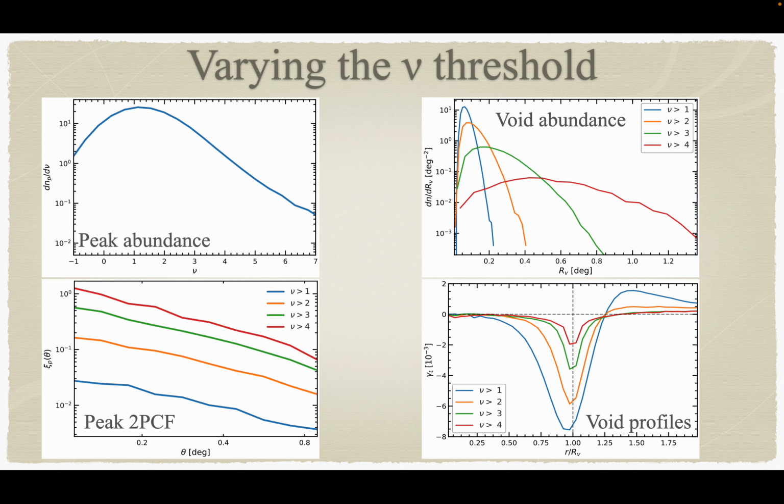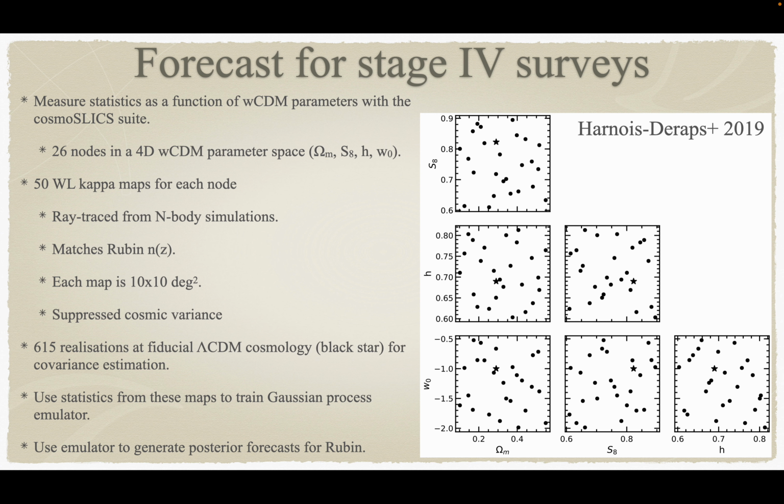So you can see that there's a broad peak in the blue curve and a narrower, or sharper, peak in the red curve on the bottom right here. So that is what our statistics are, how we measure them, and how they behave in an isolated environment for a fixed cosmology.